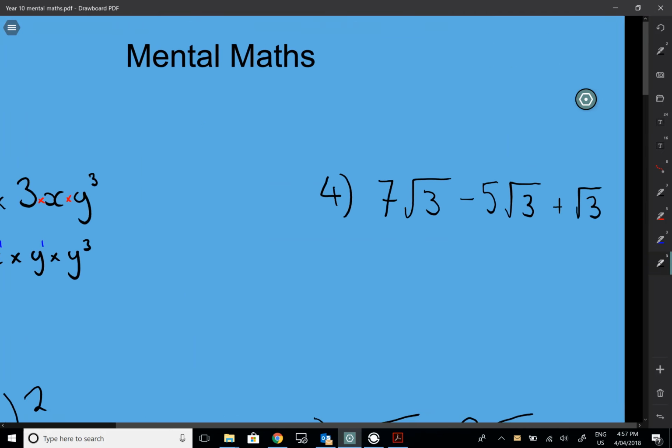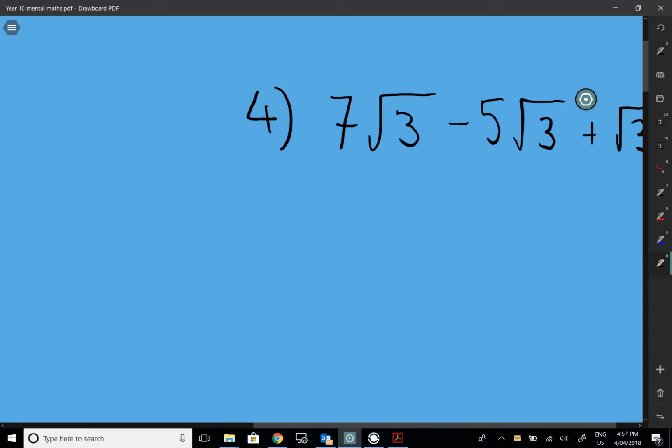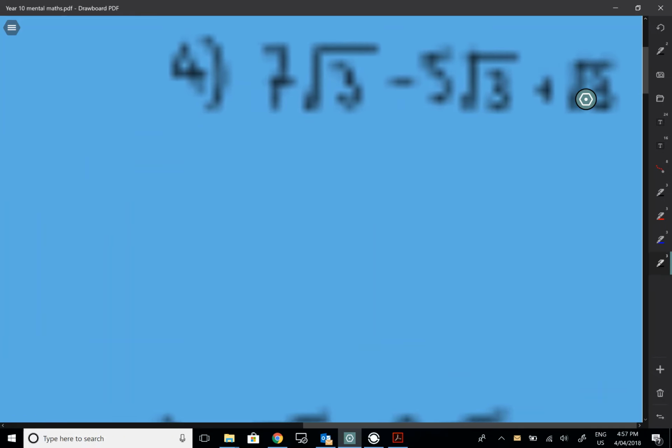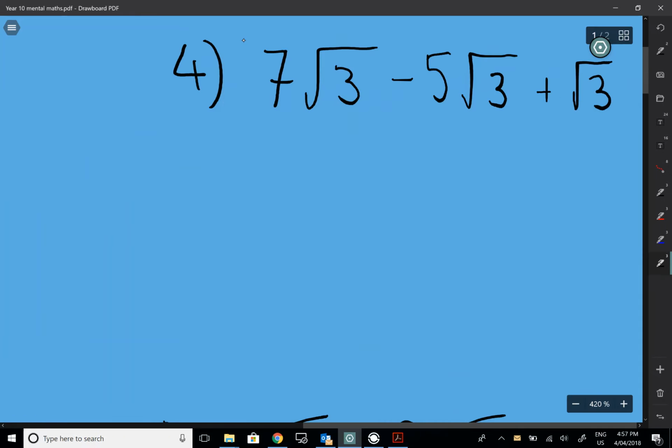The next one I'm going to look at, question 4. This is a simplifying surds question. I'm just going to zoom in a little bit here. What we have here, this question is very similar to if we had something like this: 7x take 5x plus x. I'll just move this one across a little bit.